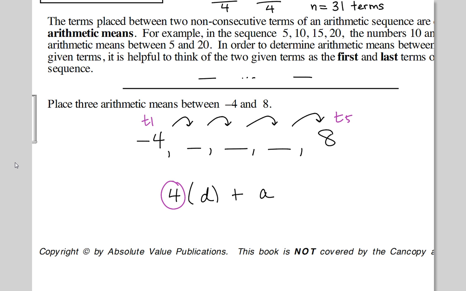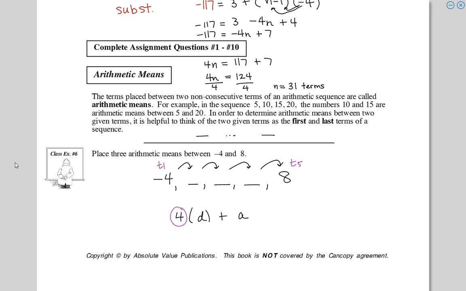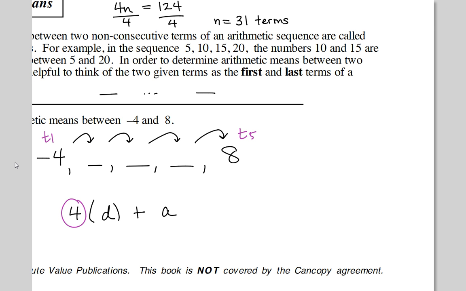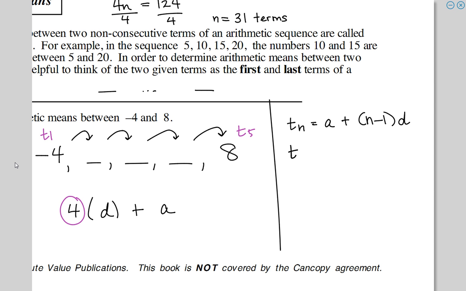Remember that? So formally, like the way I did it there, I'm just kind of thinking about it. Like, how would you just solve it if you're just thinking about it? There's no formula involved. Well, I need to do 4 jumps of the d value, okay, plus whatever I started with. So let's just use the formula. It would be Tn equals a plus n minus 1 times d. There's 5 terms, so T5, a plus 5 minus 1.